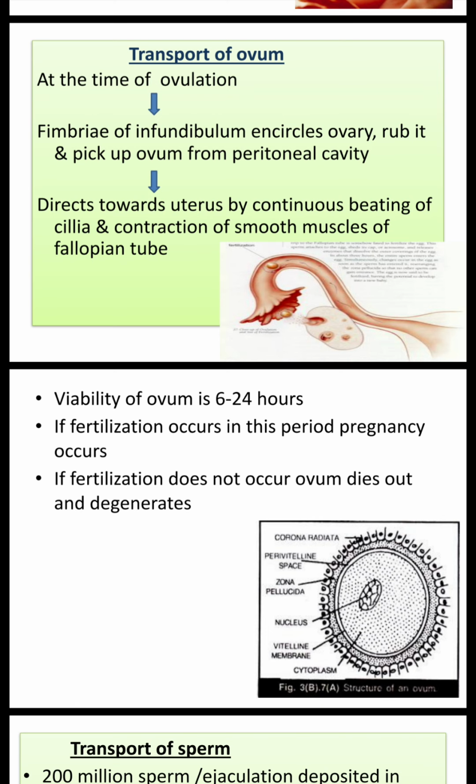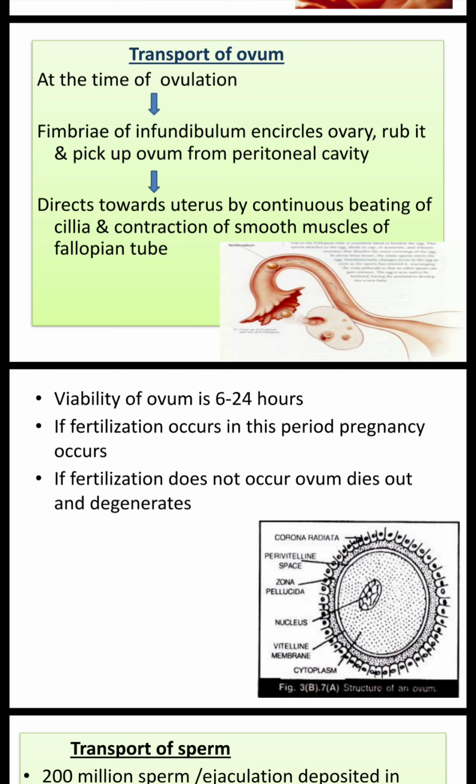At the time of ovulation, the fimbria of the infundibulum will encircle the ovary and rub it, and it picks up the ovum from the peritoneal cavity. This ovum will be directed towards the uterus by the continuous beating of cilia and the contraction of smooth muscles of the fallopian tube.